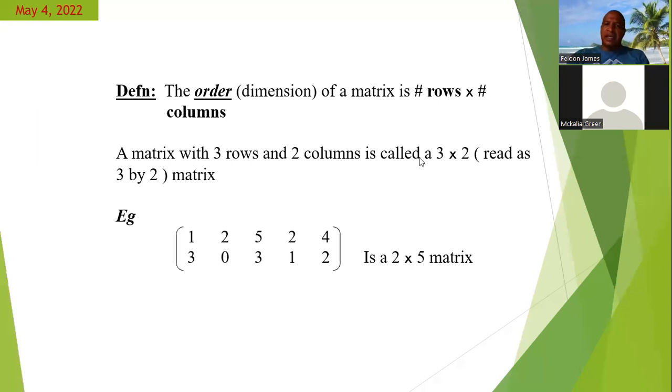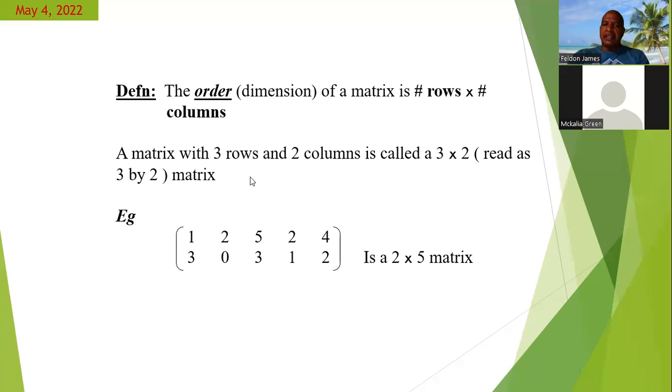If a matrix has 3 rows and 2 columns, then we say that the order of that matrix would be a 3x2 matrix, right? So a matrix with 3 rows and 2 columns would have an order of 3x2. Note, when we are defining the order of a matrix, the number of rows must come first, then the number of columns. So we have to arrange them in that order. We are dealing with rows by columns.